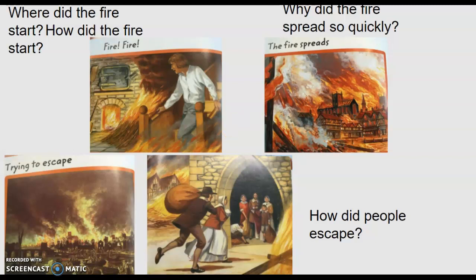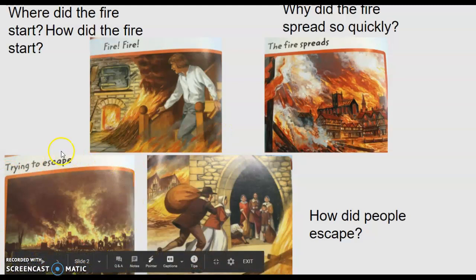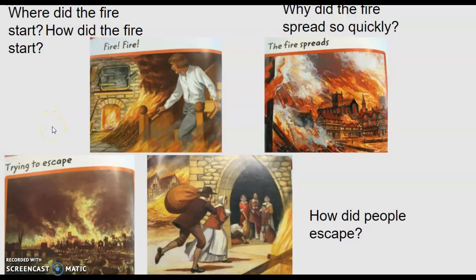Now you might act out parts of people escaping. You could imagine that you are one of these people and you are trying to get all of your belongings and get to safety away from the fire. So you are leaving your house.